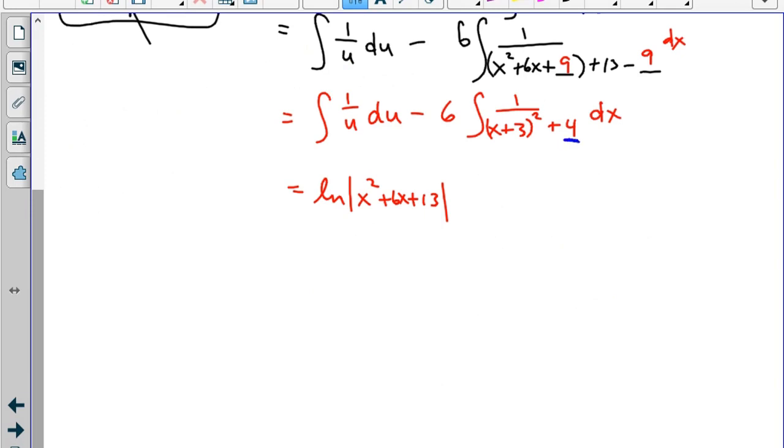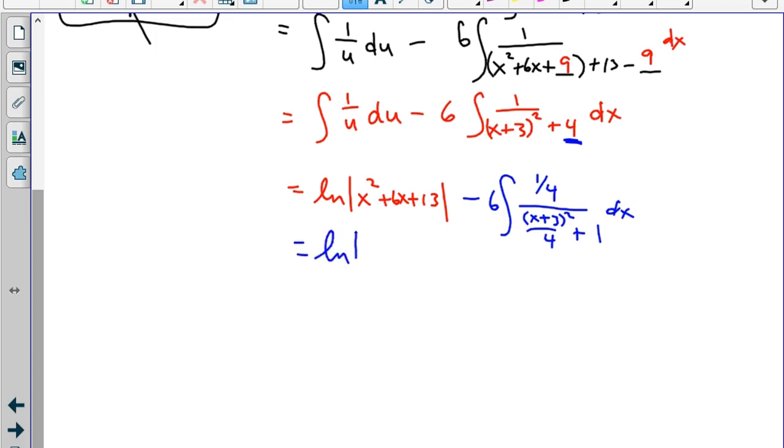So this 4, I'm going to have to divide everything by 4, basically. So I have 6 times 1/4 over (x plus 3) squared over 4 plus 1. So I'm dividing the entire numerator and the denominator by 4.